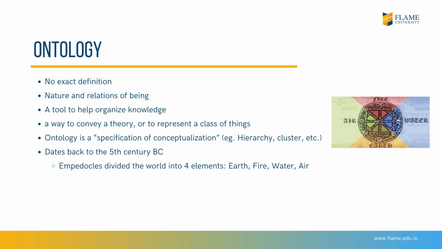So these decisions that we make come from this background, ongoing principle of ontology. Now, the idea goes way back into the 5th century BC, when Empedocles divided the world into four primary elements: earth, fire, water, and air.